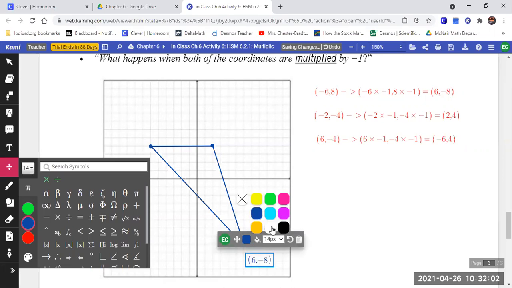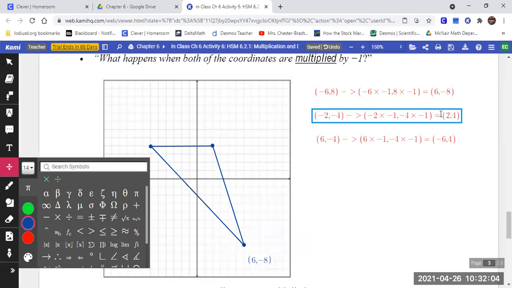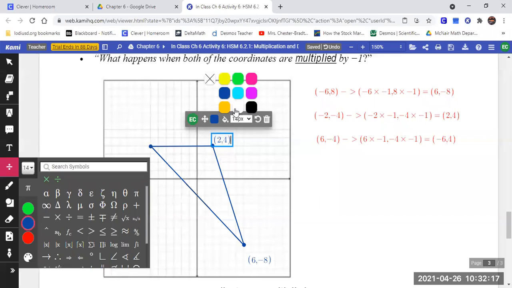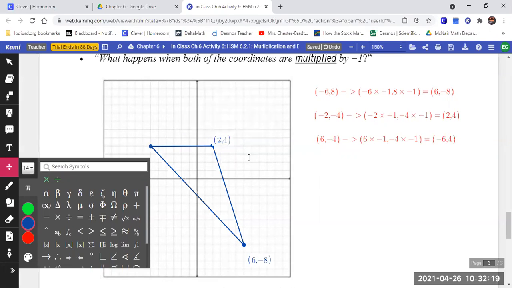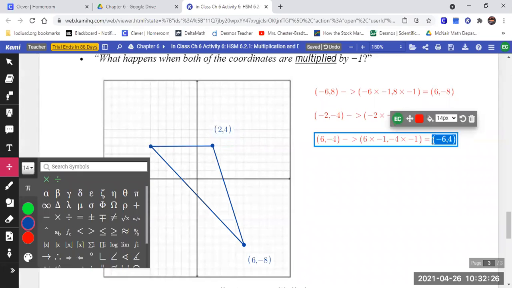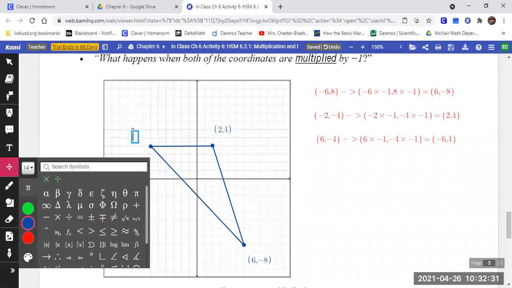Did we change its size? It's the same size, but what happened? Is it just upside down? Let me zoom out for a second. I'm putting coordinates on. Give me 1 second. So it's not a different size.